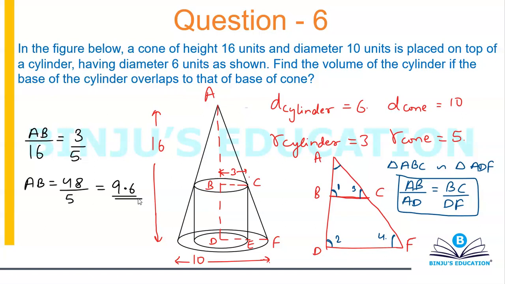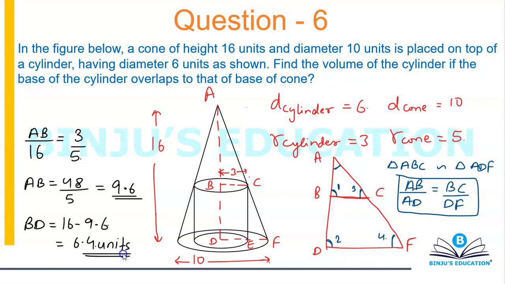Okay. Now if AB is 9.6, then I can say that BD, which is actually the height of the cylinder, will be equal to 16 minus 9.6, which is equal to 6.4 units.